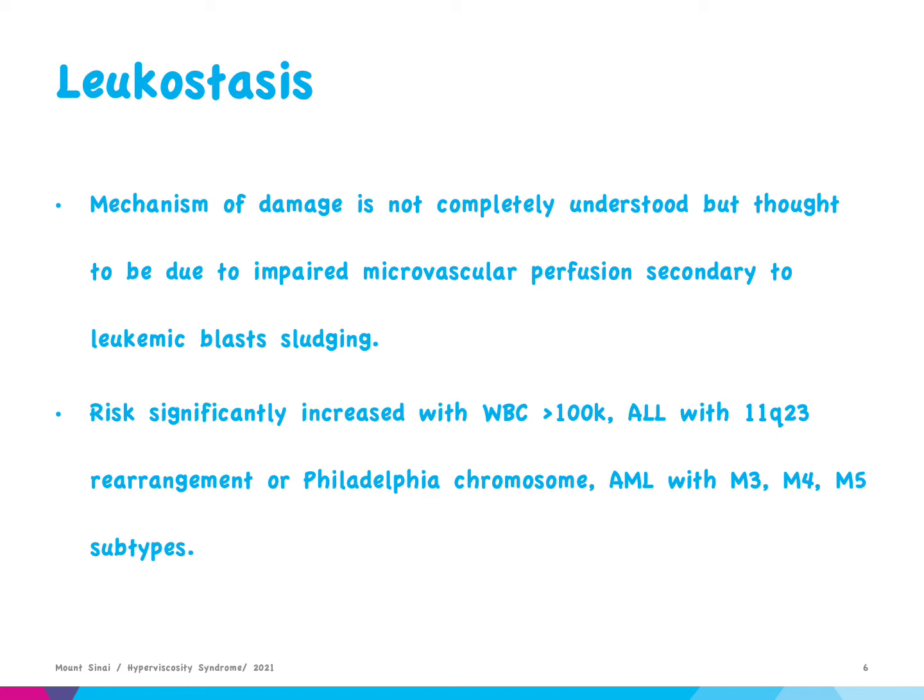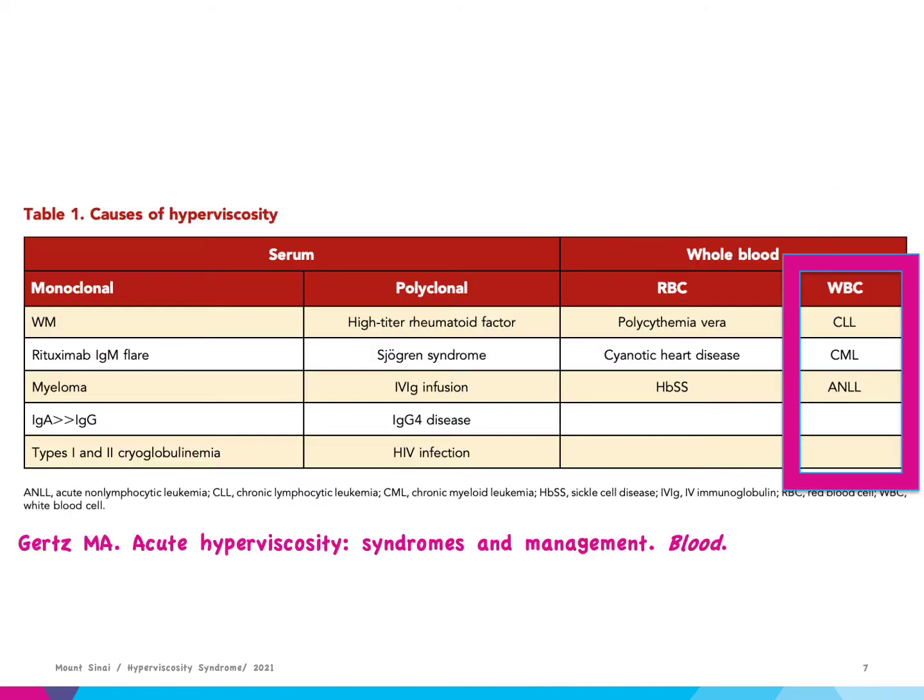ALL with 11q23 rearrangement or Philadelphia chromosome have a higher risk, and AML with monocytic differentiation has been described as well to have a higher risk of leukostasis. And I forgot to mention, but there's a thought that oxygen consumption by the increase in blasts can play a part in the mechanism of damage associated with leukostasis and organ dysfunction.